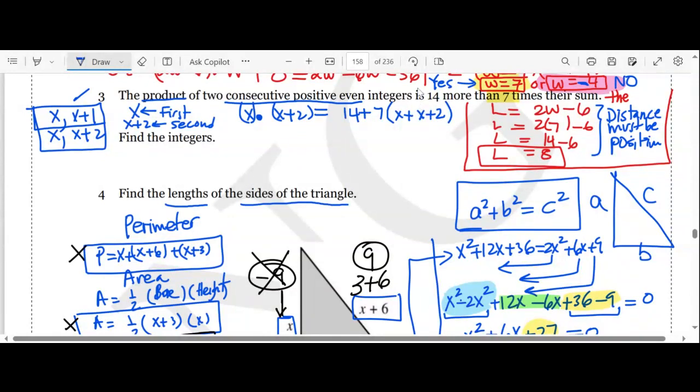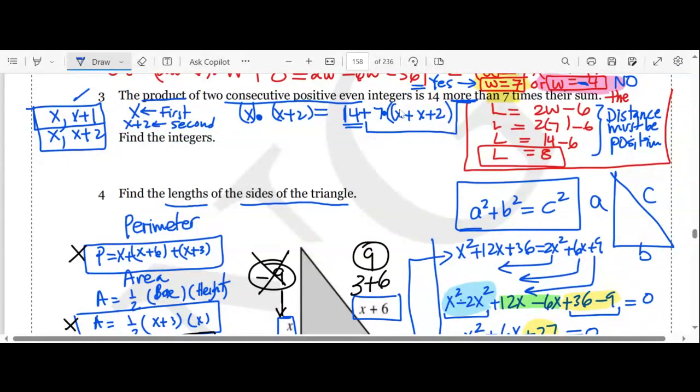Is means what? Equal. 14 means what? 14. More than means plus. 7 times, what does 7 times mean? 7 times their sum.